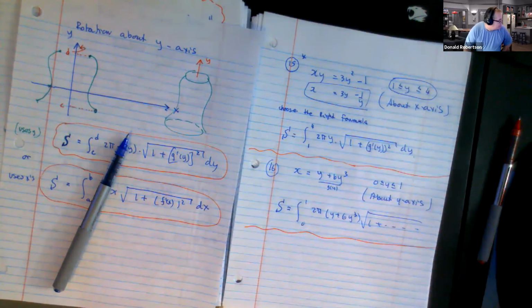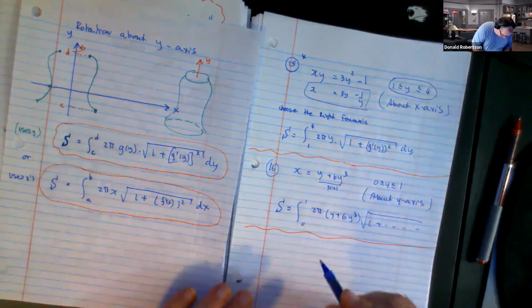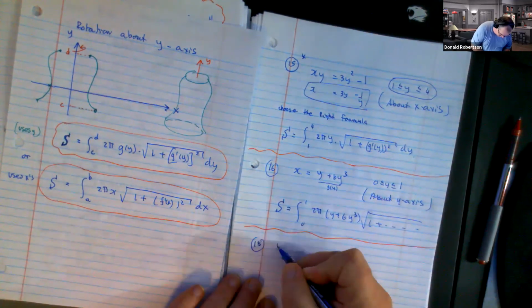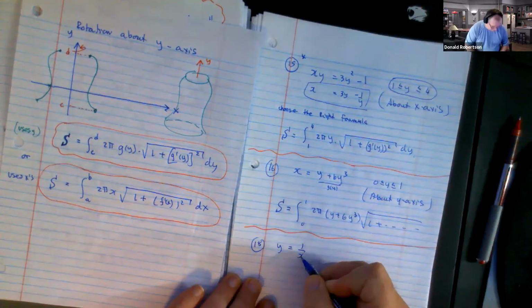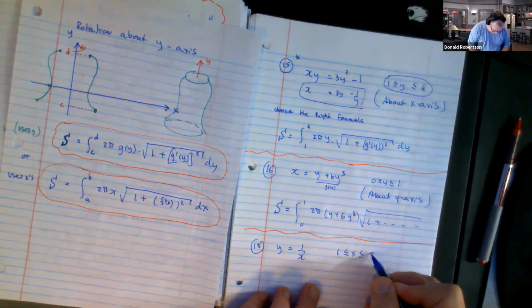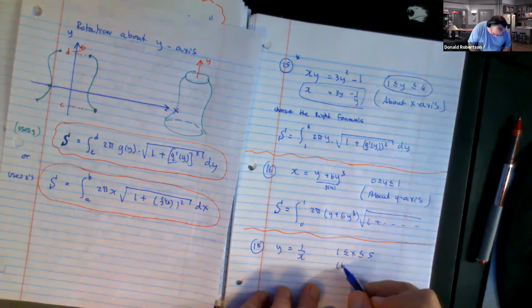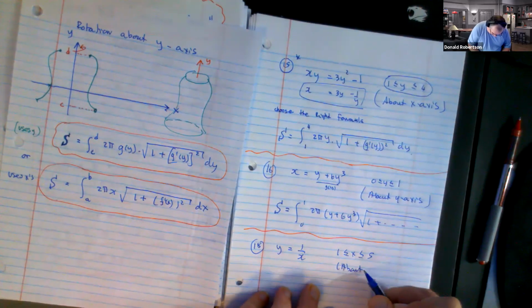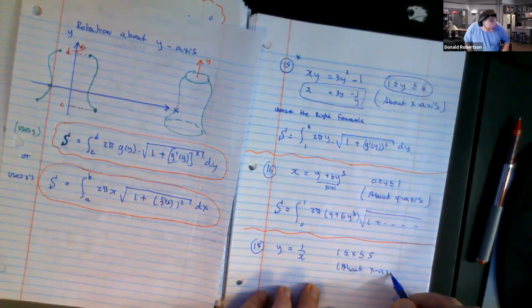17 is obvious. This is 18. Y equals 1 over x. X goes between 1 and 5. And this time it is to be rotated about the x-axis. Right?